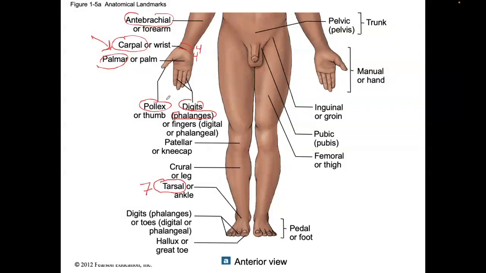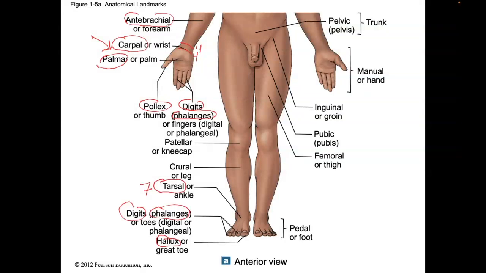So you have carpals at the wrist, but we have tarsals at the ankle. Notice the toes are also called digits or phalanges, just like they were at the hand. But notice the thumb was called pollex or pollicus, and the toe is called hallux.